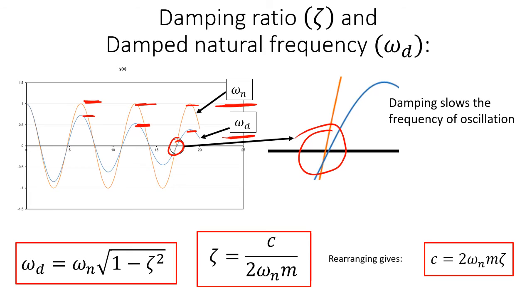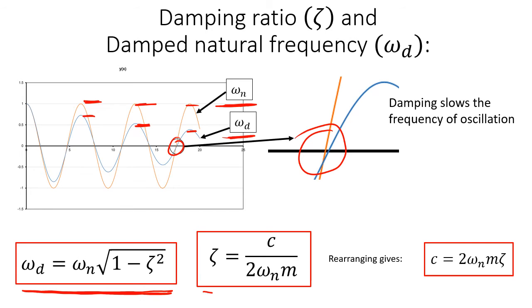And down at the bottom of the slide here, we've got some equations. I'm not going to derive any of these, we're just going to take these as fact, and we're going to use them in trying to determine how our systems might behave. Going from left to right, the equation on the left relates the damped frequency to the natural frequency and the damping ratio. So our frequency of damped oscillation, omega d, equals our natural frequency, omega n, multiplied by the square root of 1 minus zeta squared.